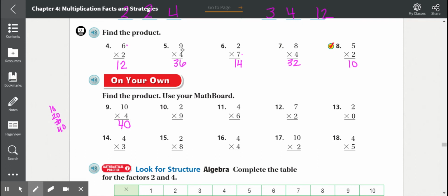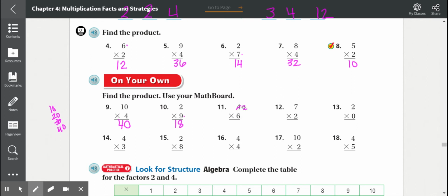2 times 9, think, what's 9 plus 9? And that's 18. 4 times 6. Well, let's do 6 times 2 first.